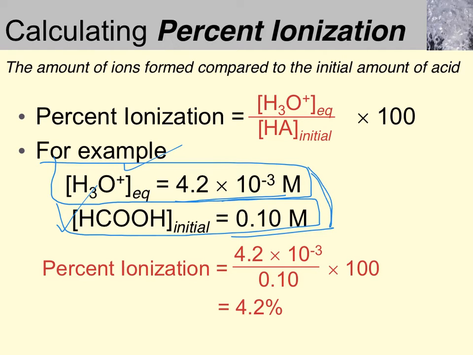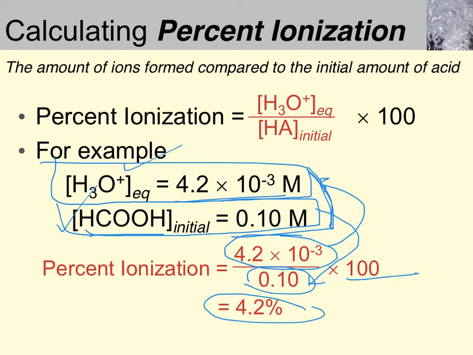So this is the problem we just did a few slides ago. What would the percent ionization for this weak acid be in water? All right, so the smaller number goes on top, and that's the hydronium ion concentration. The original concentration of the acid on bottom, multiply it by 100, and that tells us that formic acid has a percent ionization of 4.2%.